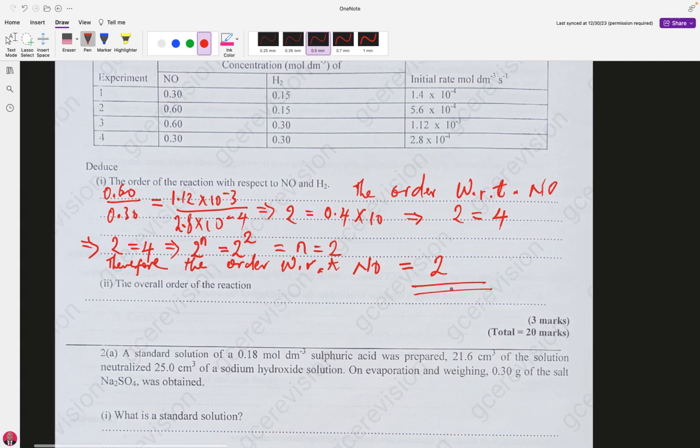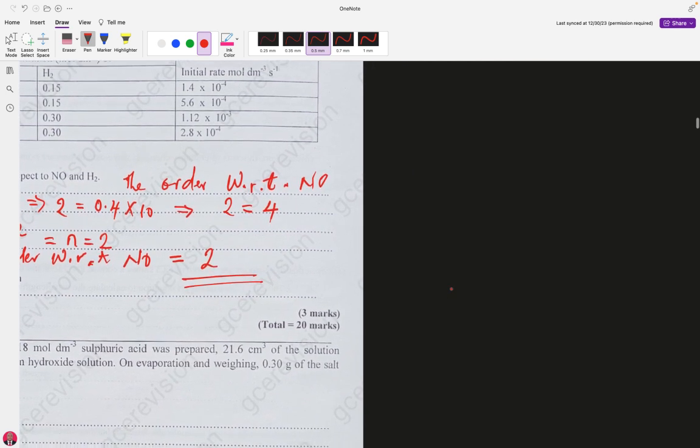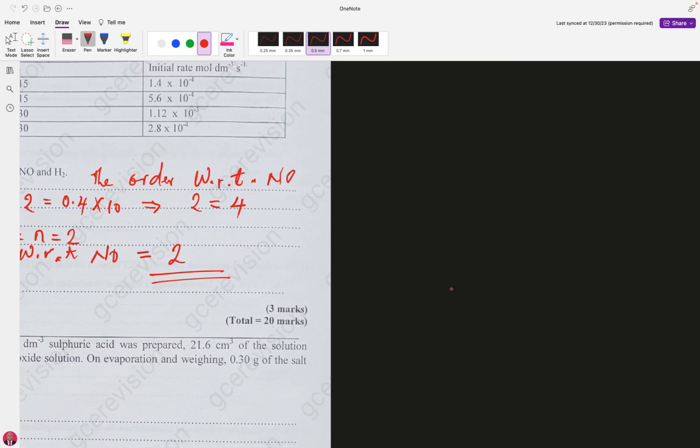Now let's see if we have space here to calculate this other one. There are 2 we are supposed to do. The order with respect to H2, we don't know.